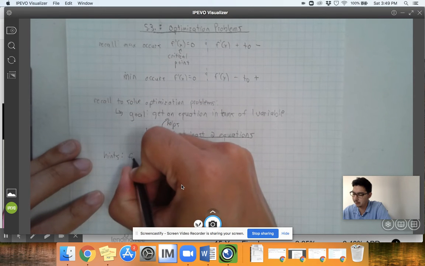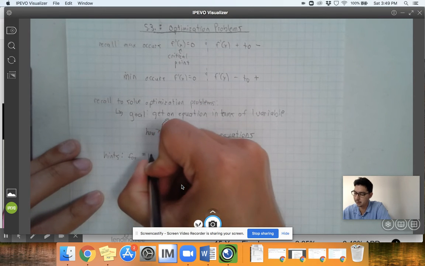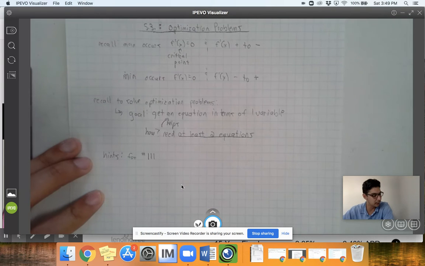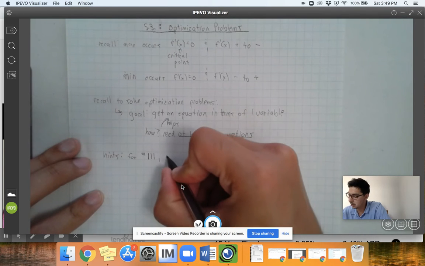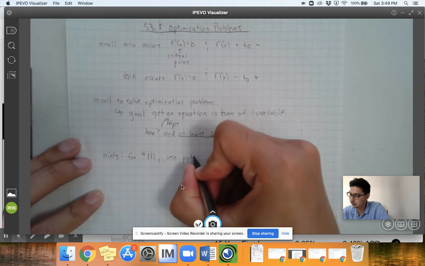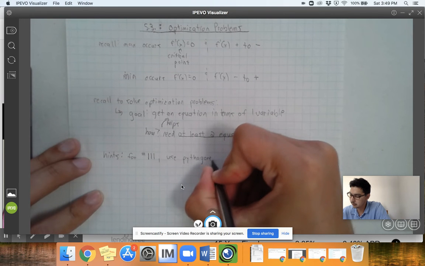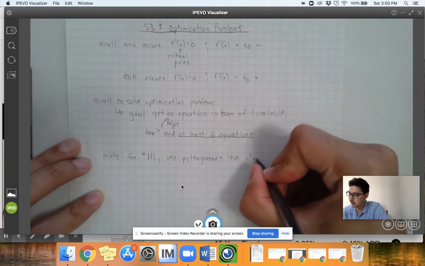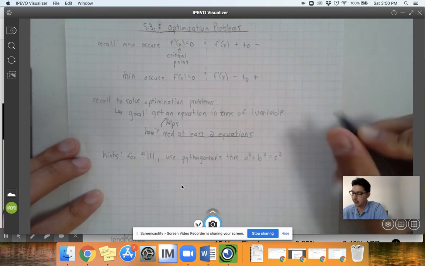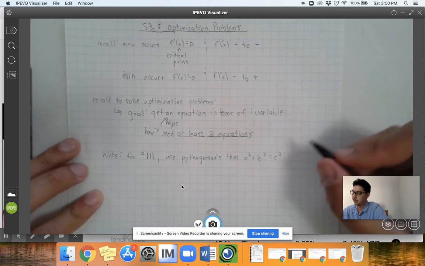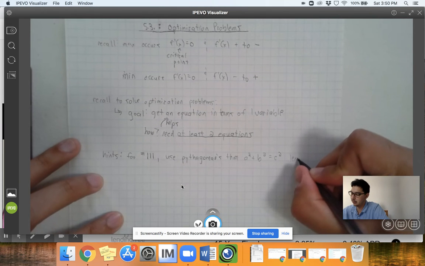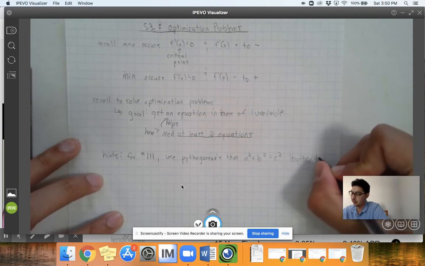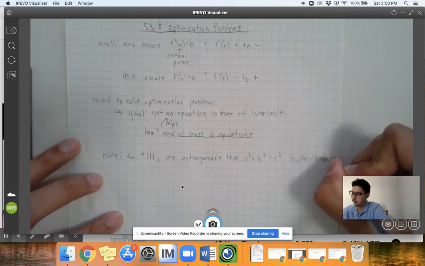My hint for problem 111 is that the two equations you're going to use are, first, Pythagorean's theorem, which, recall, is a squared plus b squared equals c squared for right triangles, and that determines lengths or distances, which comes in handy a lot.